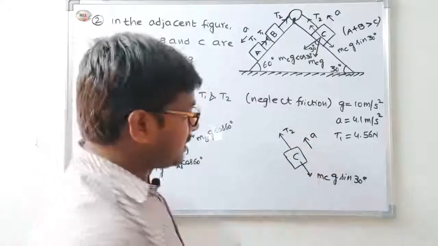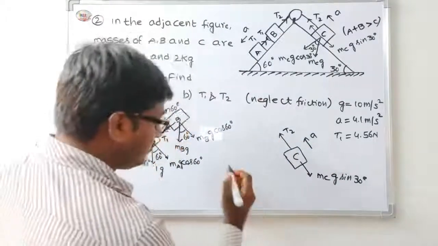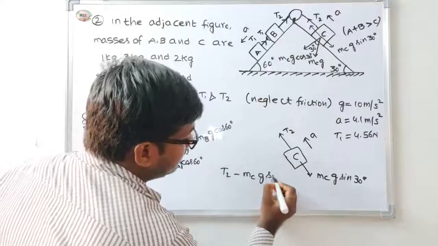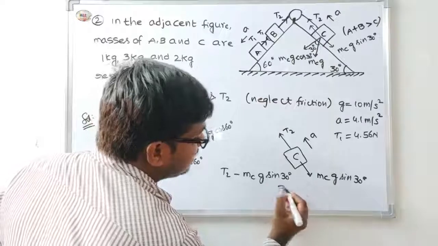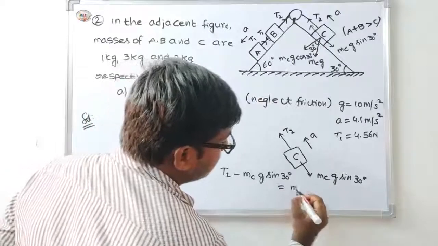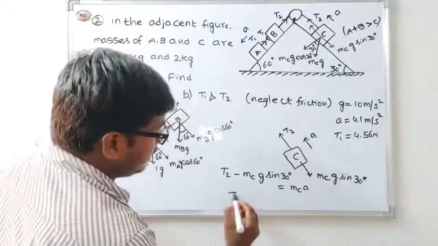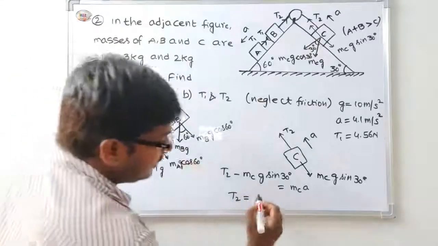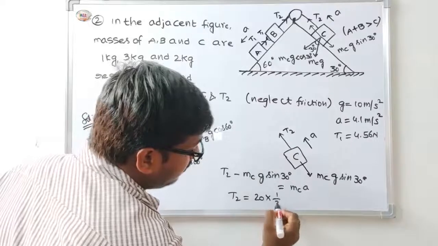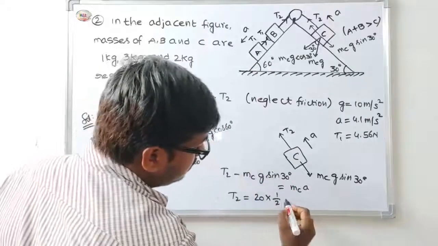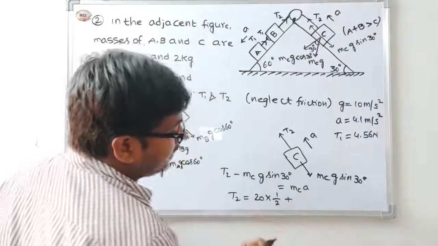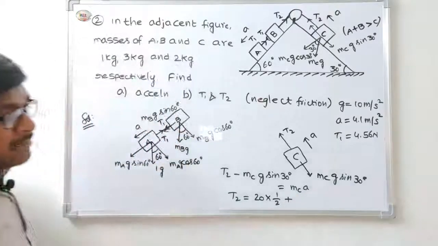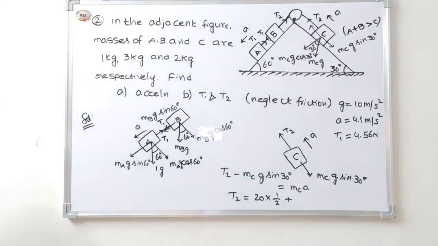Acceleration is a forward direction. First write T2 in this equation, T2 minus MCG sin 30 degrees is equal to MC into A. Then find out T2 is equal to MC, 2 into 10, 20 into 1 by 2 plus MC into A. MC is 2, mass of the second C block 2 kg.